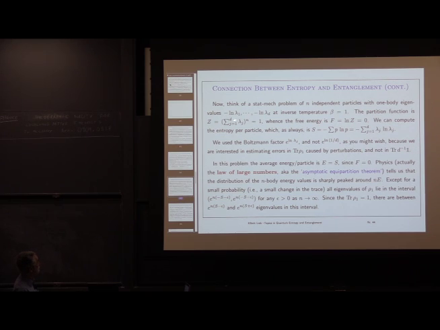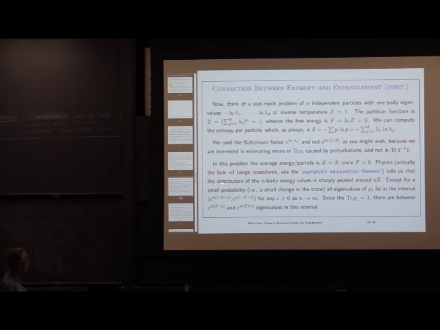Okay, so we imagine a system with these energies, n copies of the system. Now in this problem, the average energy per particle is just E equals S, because the free energy is 0. Free energy is E minus TS, and T was 1.